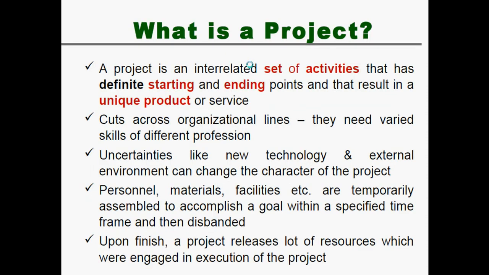Is it clear? Here there are uncertainties, like whether new technology is used or not, and the external environment also has an effect. According to need, the skills vary, so we require that type of persons, and we face those types of challenges over here.